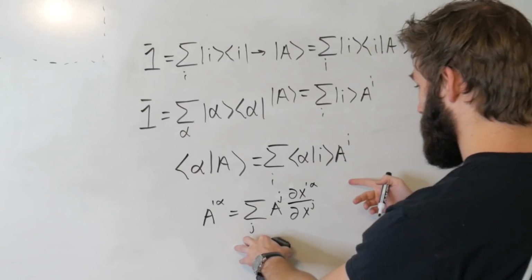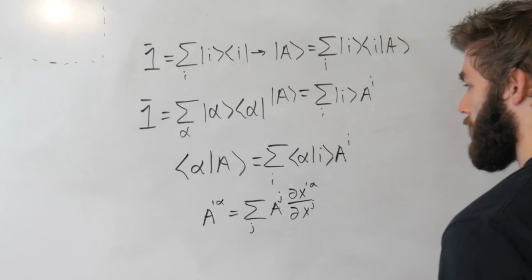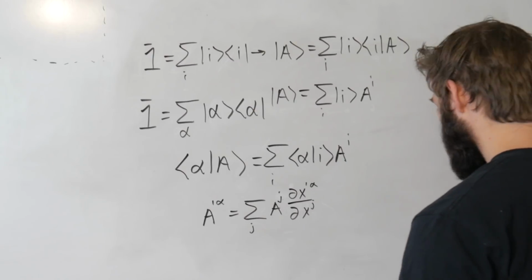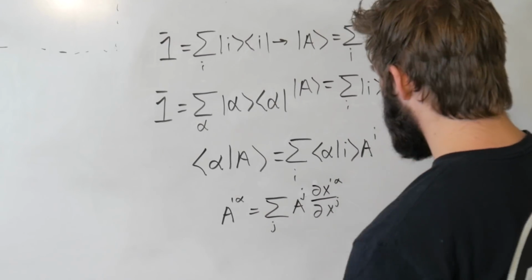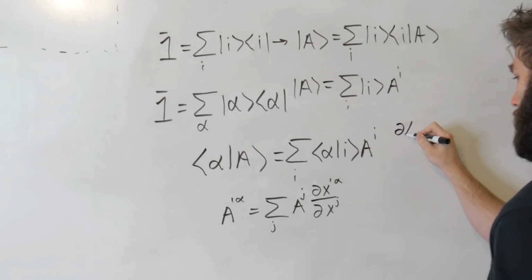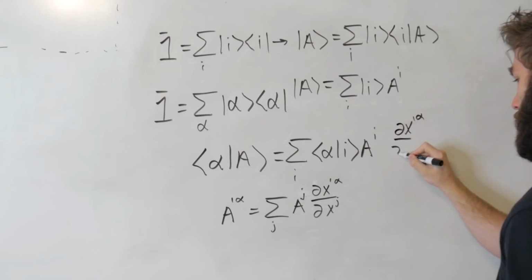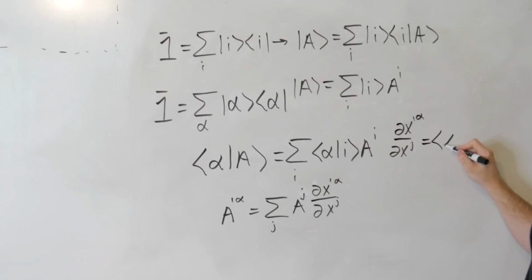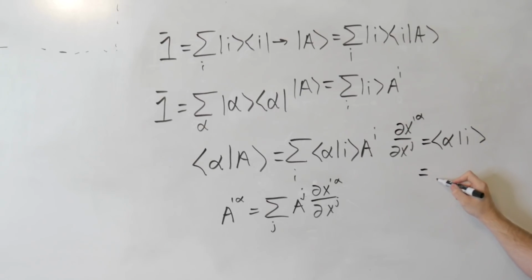So these are equivalent. This is just expressed in a different way. But this is how we transform in Dirac notation. This is how we transform in regular notation. And if we sort of compare these two equations, what this tells us is that dx prime alpha over dx j is the same thing as this inner product here. And we also call this lambda alpha i.